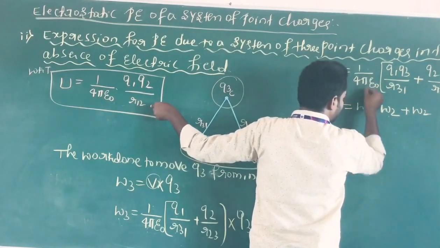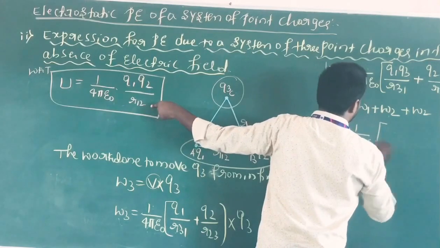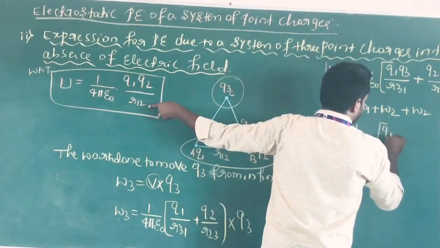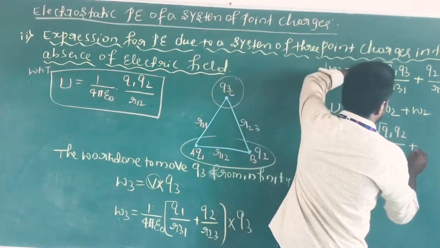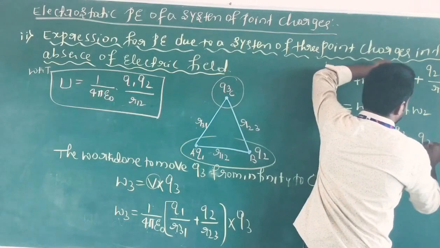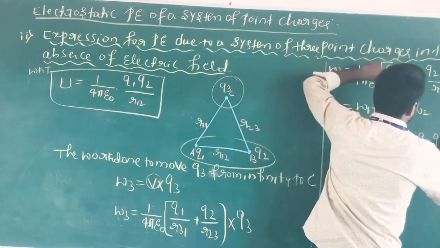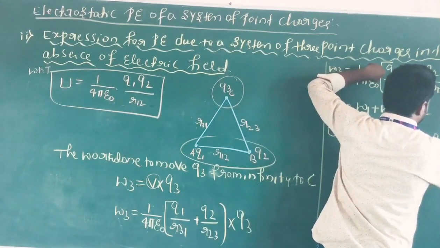Here also 1 divided by 4 pi epsilon naught is a common term. So we have 1 divided by 4 pi epsilon naught, Q1 into Q2 divided by R12, plus Q2 into Q3 divided by R23, plus Q1 into Q3 divided by R31.